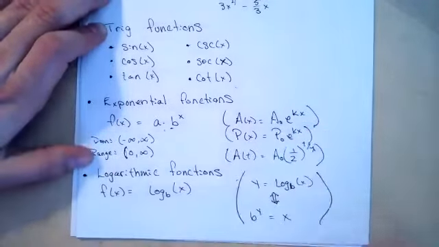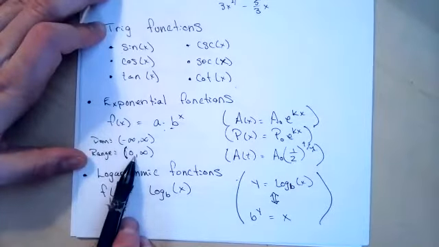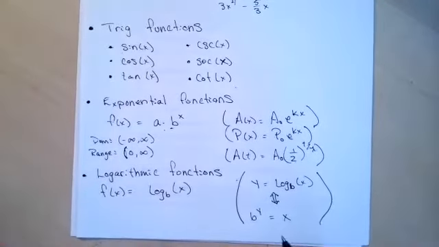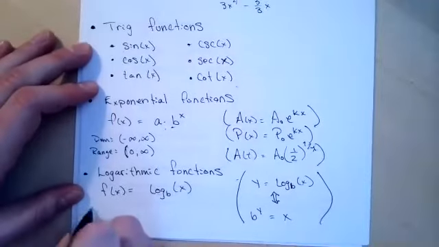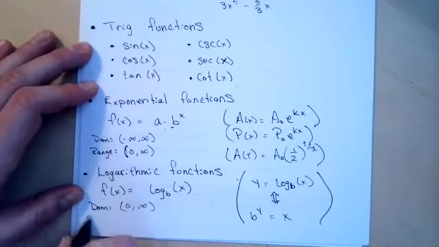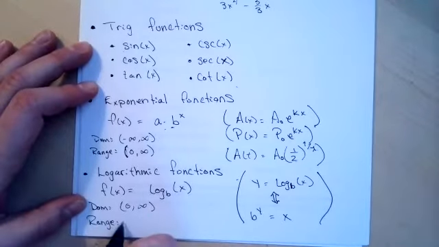As long as we're not shifting anything up or down, the range is going to be 0 to infinity. When we create inverse functions, those are going to flip. So our domain for logarithms is 0 to infinity, and the range is -infinity to infinity.